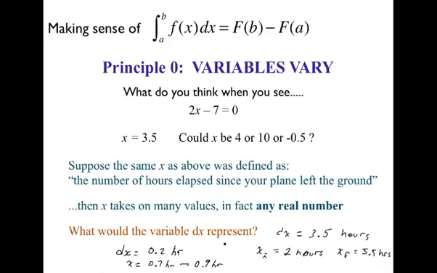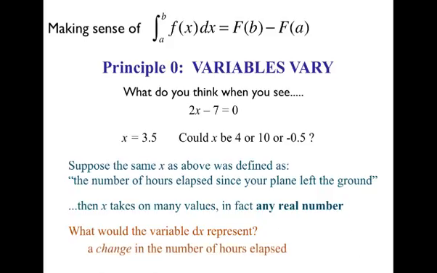So dx is a variable as well. It could take on different amounts of change, right? Different amounts of change in time. Okay, so that's backdrop. In this course, variables represent quantities that change, and that variable takes on all those different values of that quantity as it changes.